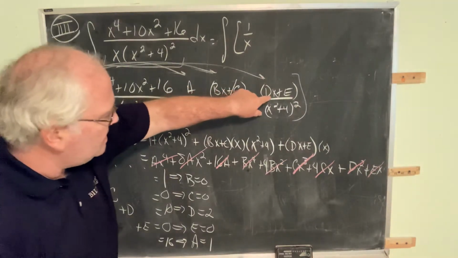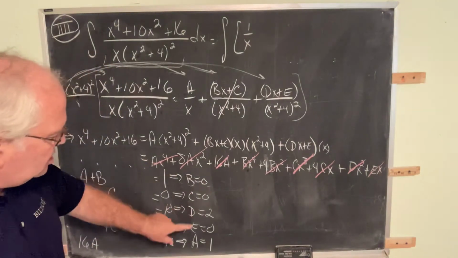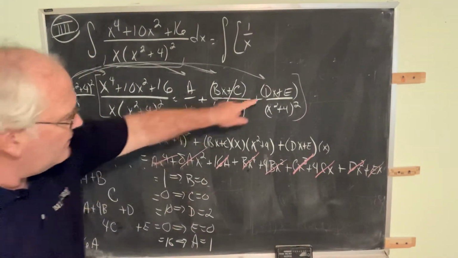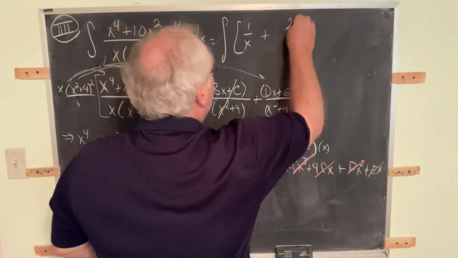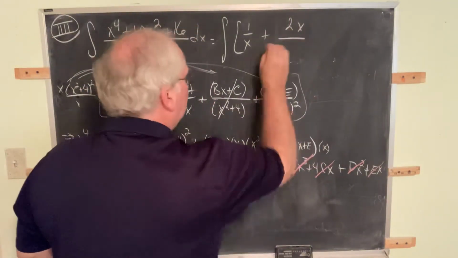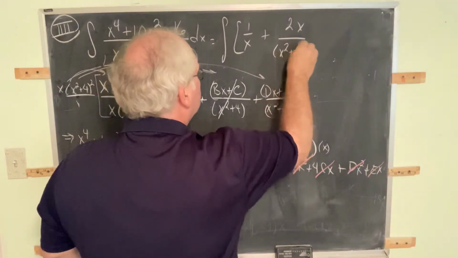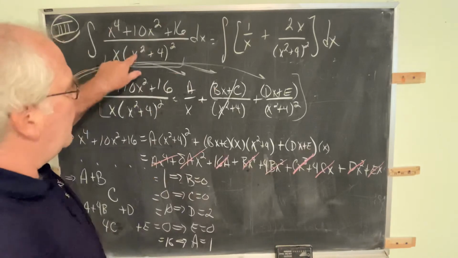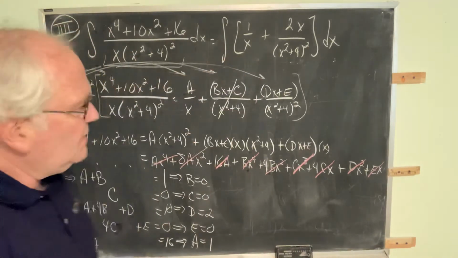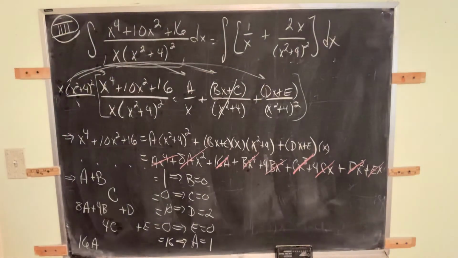The last piece, dx plus e: d is 2, e is 0. So we have 2x plus 0, or simply 2x over this denominator. And so this antiderivative is the same as that antiderivative up to the constant of integration.